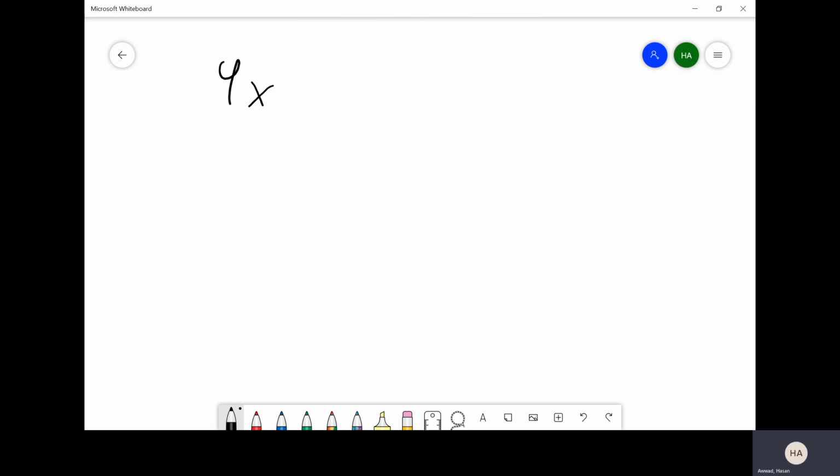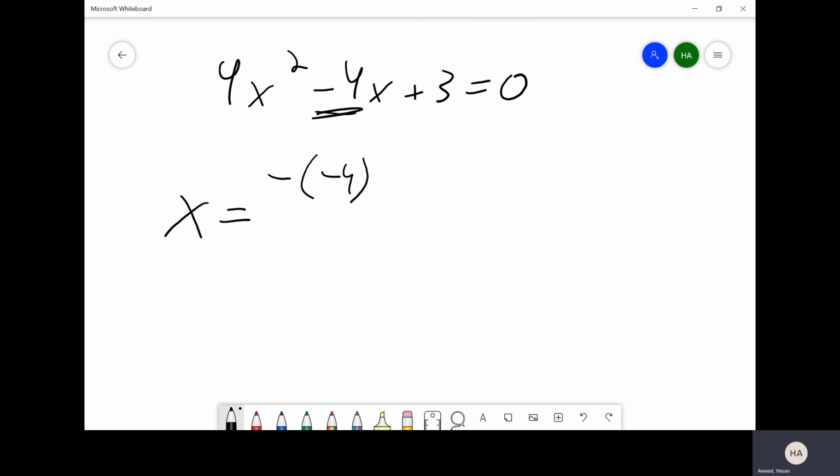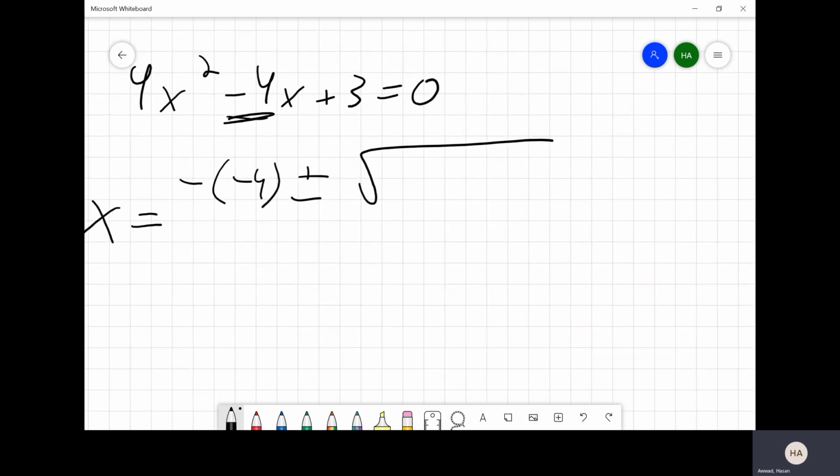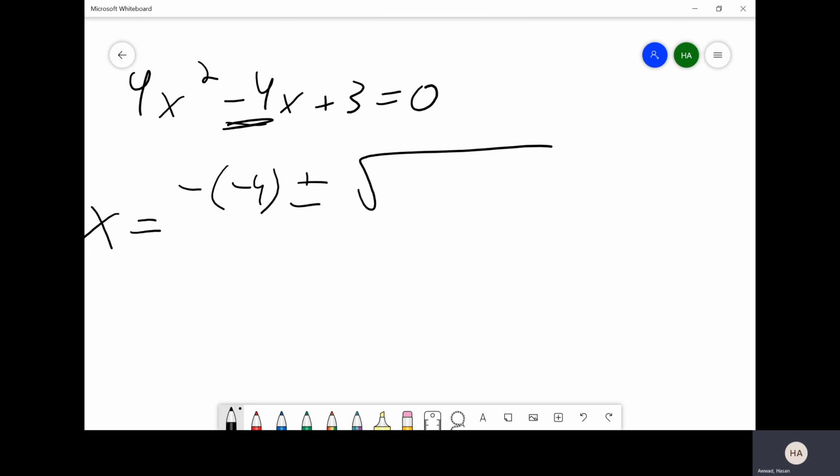this following equation. We have 4x squared minus 4x plus 3 is equal to 0. Now, there's really no way of knowing that this won't work for you until you really start going, right? So let's plug it into our formula. We have negative b, so we have negative of -4, right? B is this guy here. So -4 plus or minus the square root of b squared, which is -4 squared, which is the same thing as 4 squared, which is 16, right?